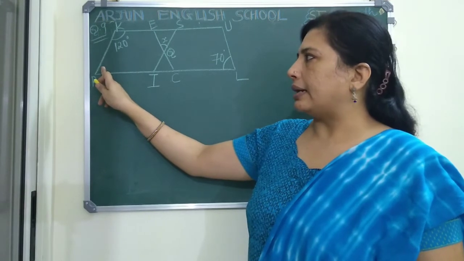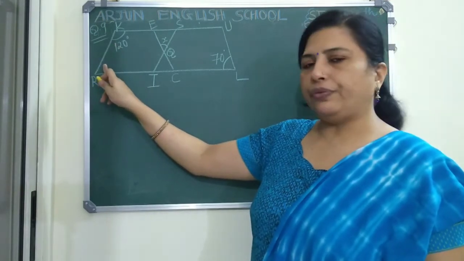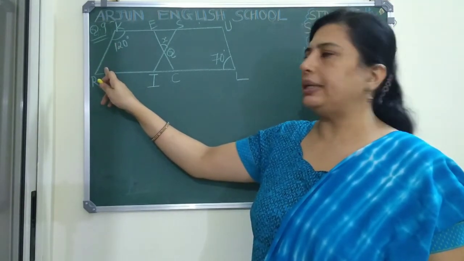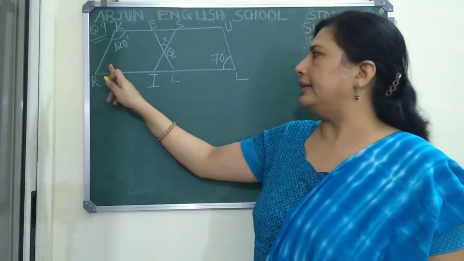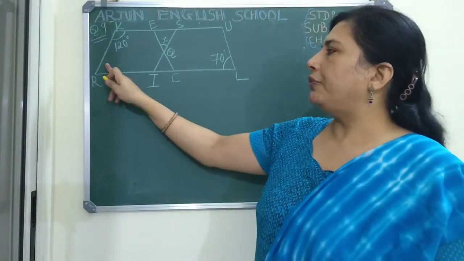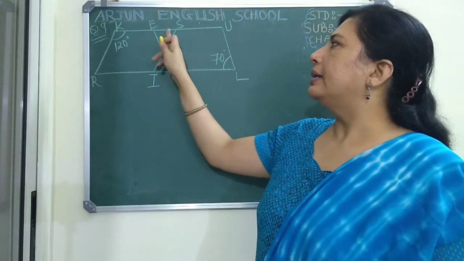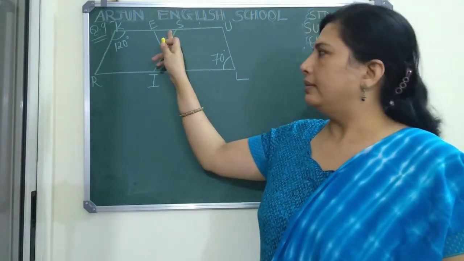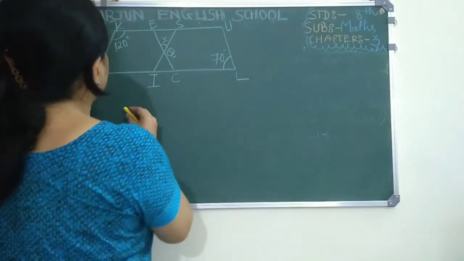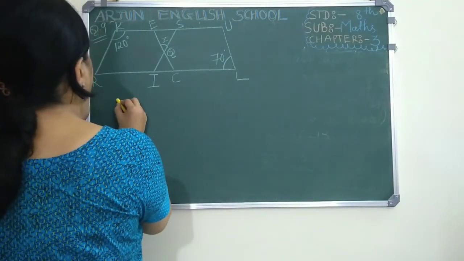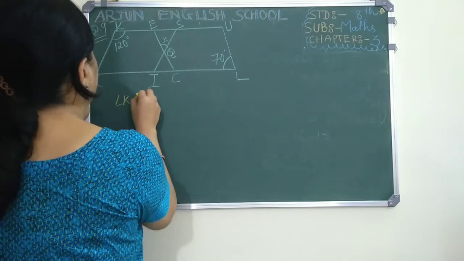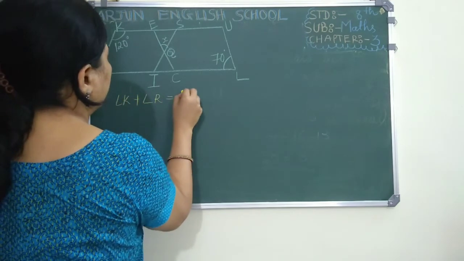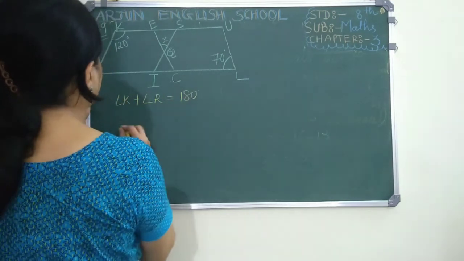First find out angle R. To find out R, we will take the property of adjacent angles. And then if we get R, then angle S will be equal to R. Let us do it. First of all, I am writing here angle K plus angle R is equal to 180.